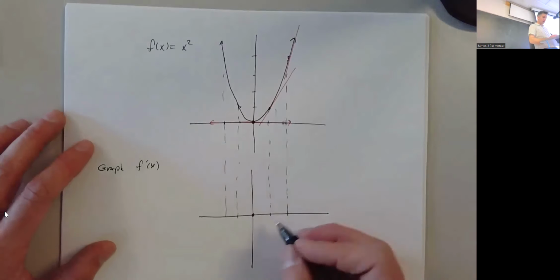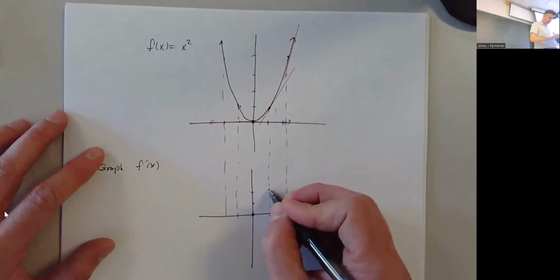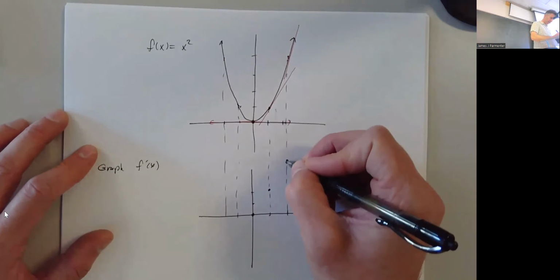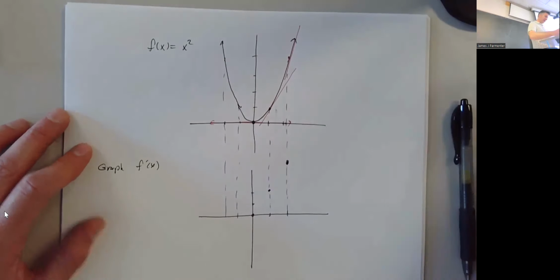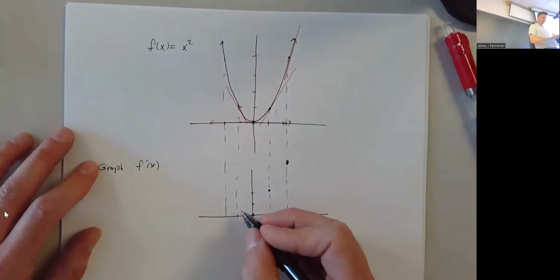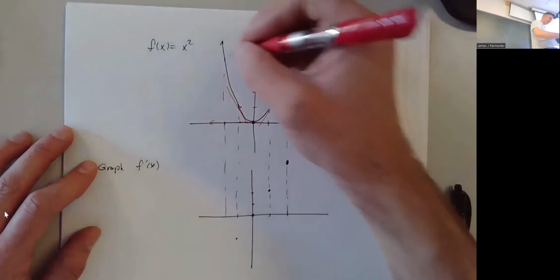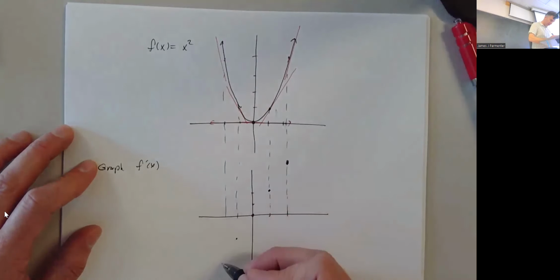Right. So when x is 1, my slope is positive. And when x is 2, my slope is even more positive. On the other side, when x is -1, my slope is negative. So if I'm graphing the derivative, the value is going to be negative. And when x is -2, slope is even more negative. So my derivative is going to be even more negative.